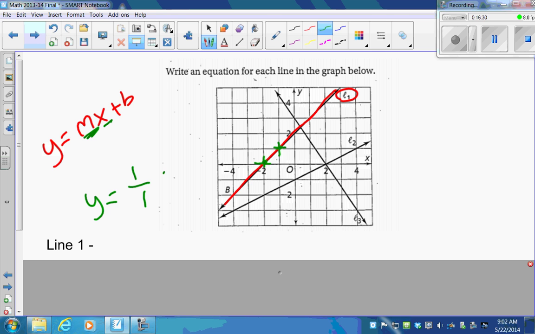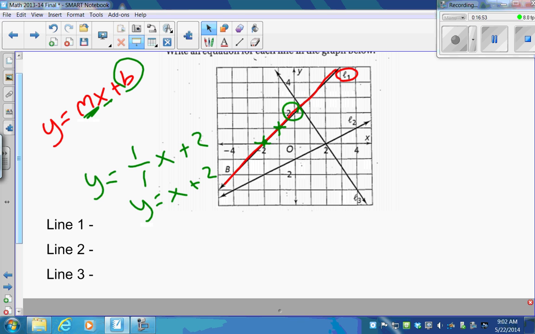X always goes next to my slope. And where does it cross the y-intercept? That's my b. So it crosses the y-intercept right at 2. So my equation is 1 over 1 x plus 2. Please simplify that. 1 over 1 is the same as 1 or just plain x. So you could have 1x or just plain x plus 2.